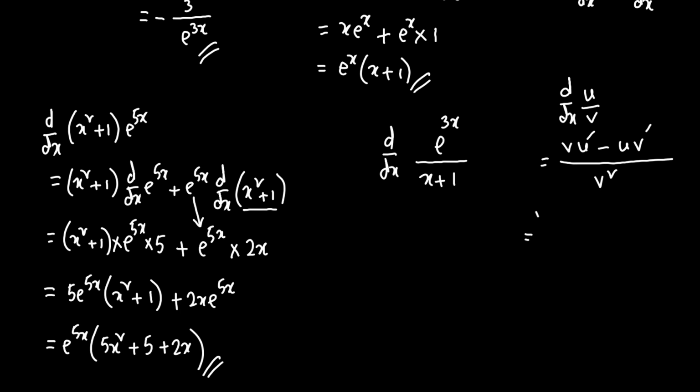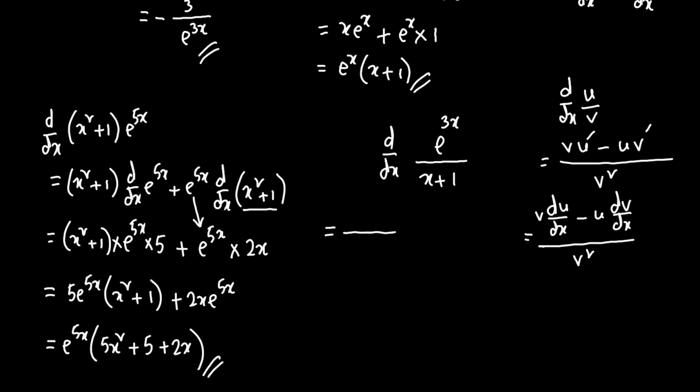We can also write it as v du by dx minus u dv by dx, and on the denominator v square. So we are going to apply this formula here.